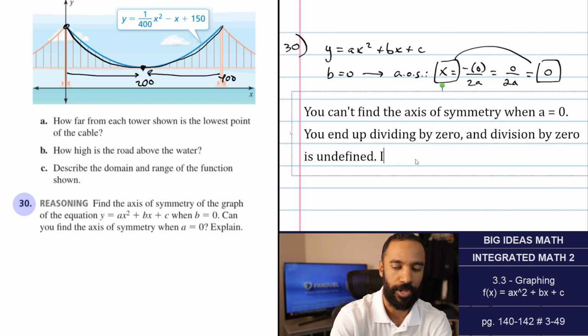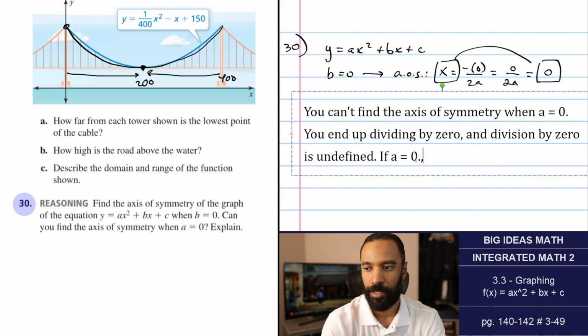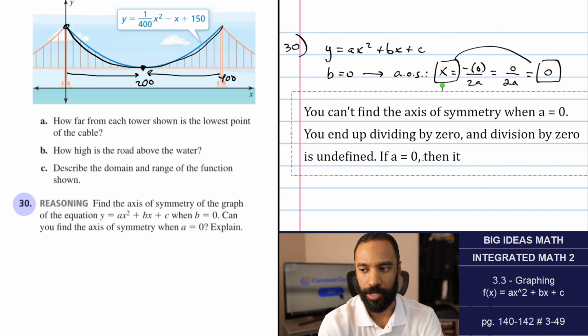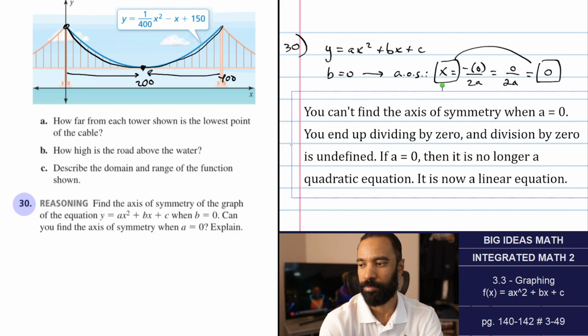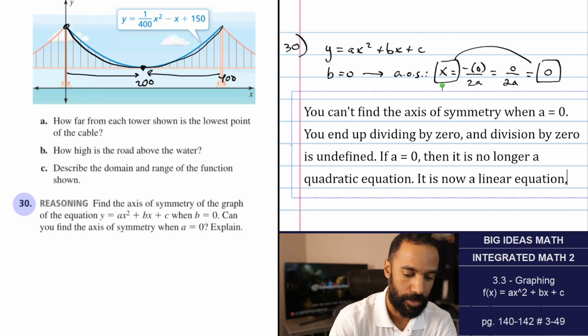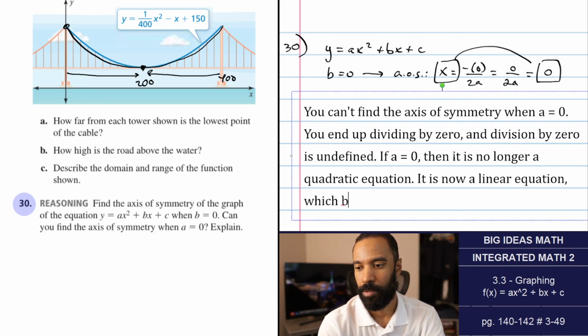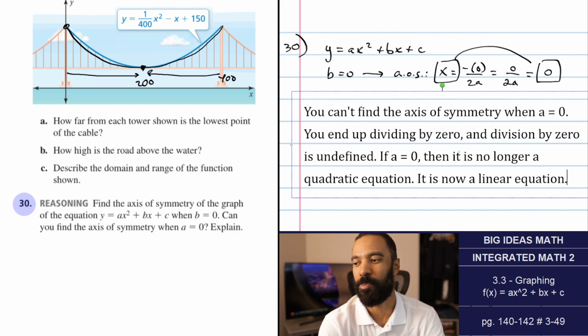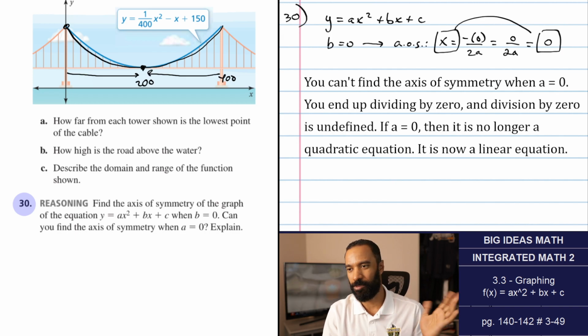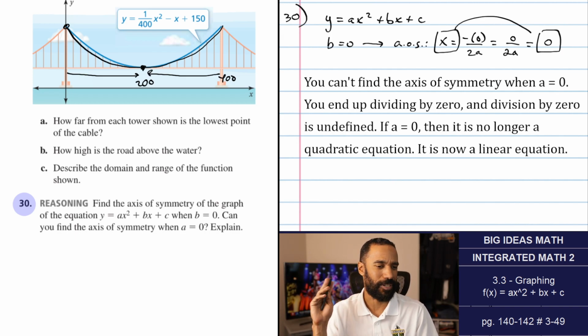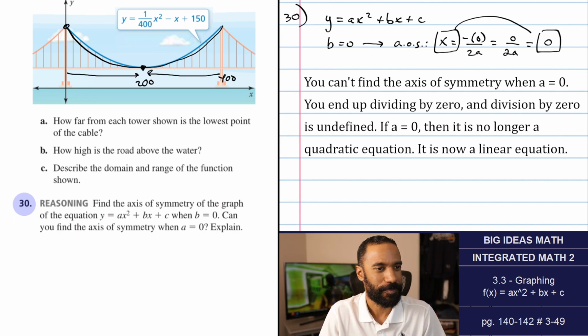If a equals 0, then it's no longer a quadratic equation. It is now a linear equation, which, by the way, doesn't have symmetry unless b is also 0. Okay, that's number 30.